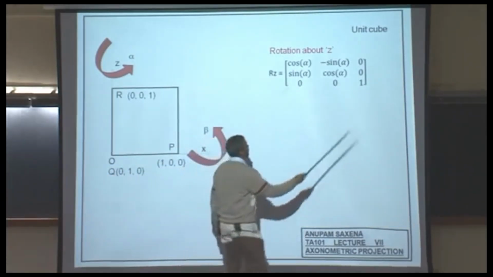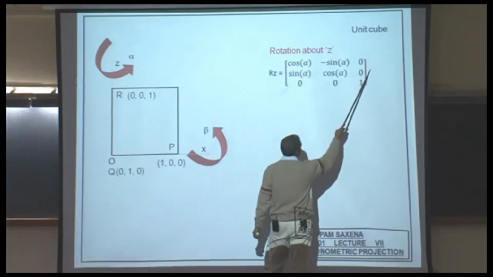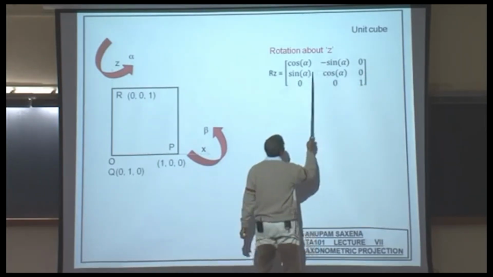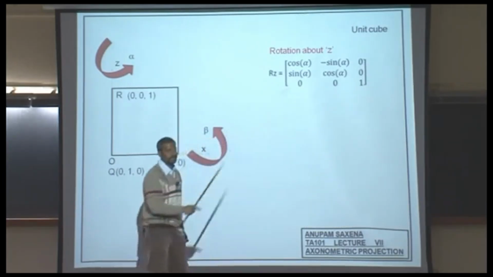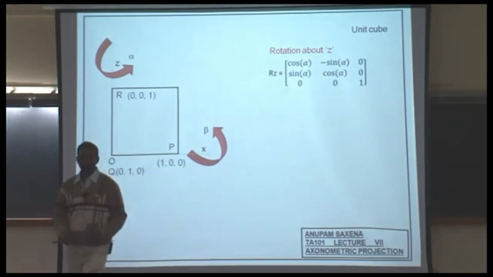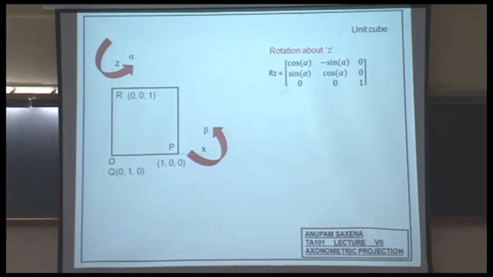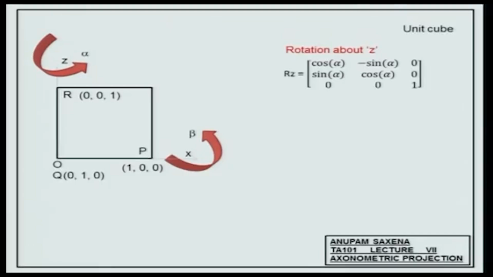So the old value of x coordinate, the old value of y coordinate, the old value of z coordinate, pre-multiplied by this matrix will give you the new value of the x, y and z. Everybody with me? Good. What if I want to now find rotation about the x axis?